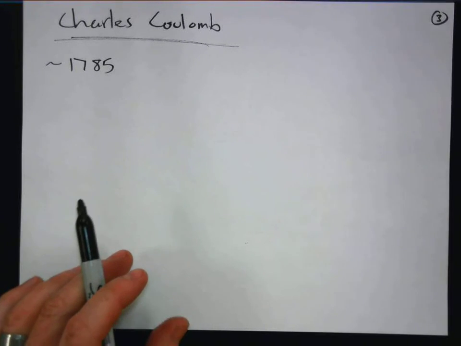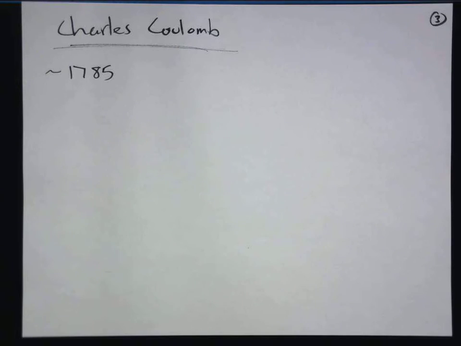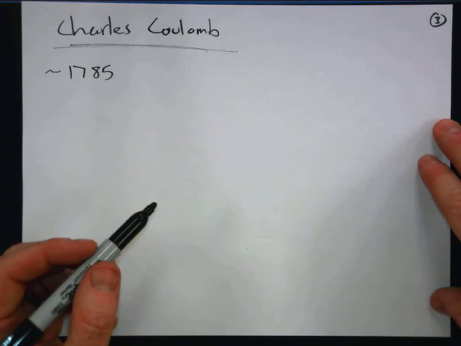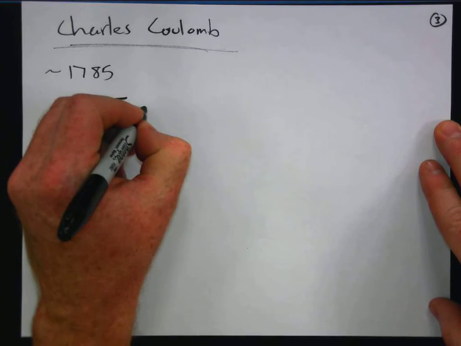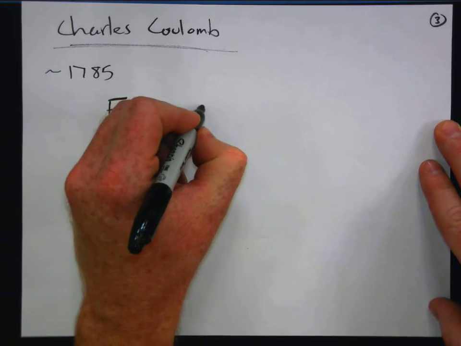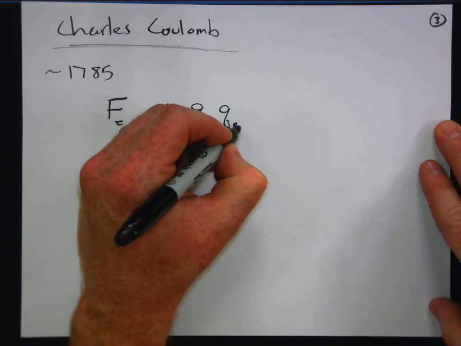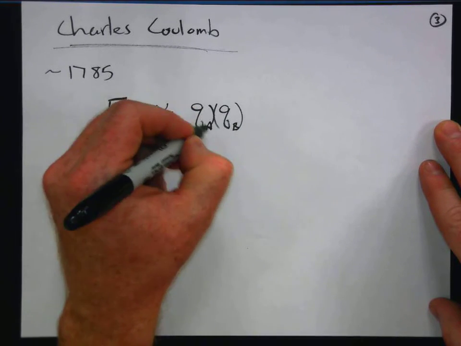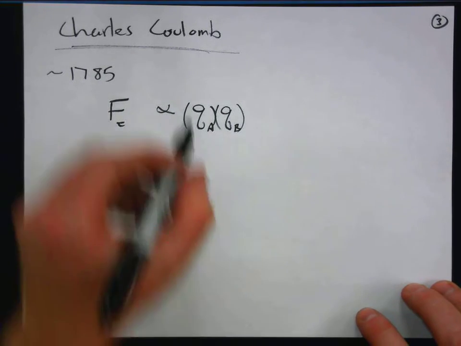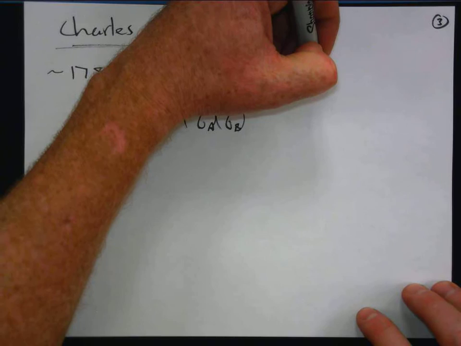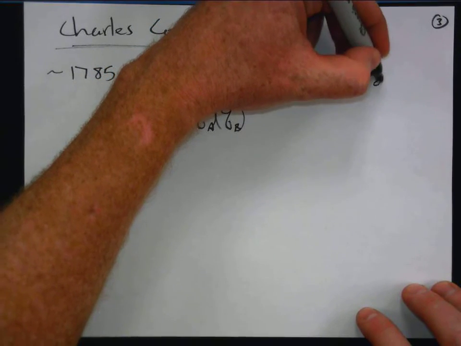He studied this relationship between electric charges and the distance between them and the force of attraction or repulsion that they create. And what he figured out was that electric force is proportional to the amount of charge that exists in one particle and in the other multiplied together. So if you have, and that's a lowercase q, so q represents amount of charge.